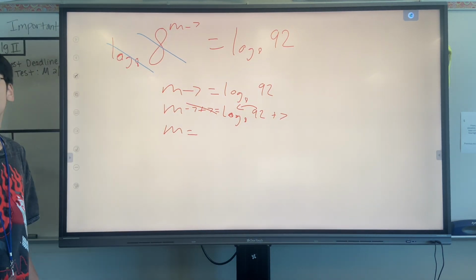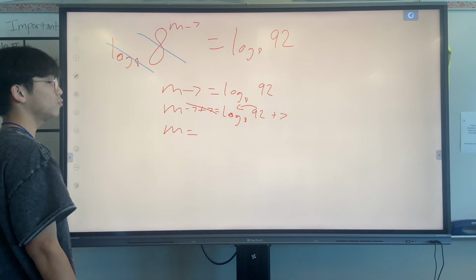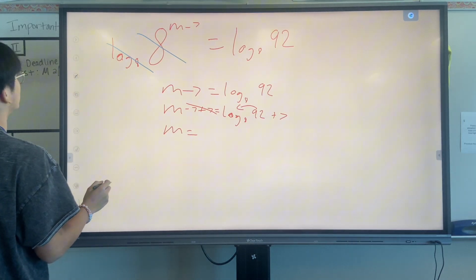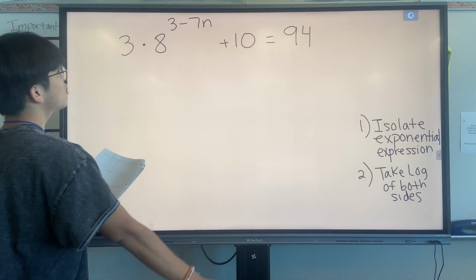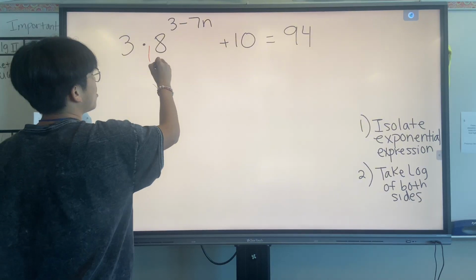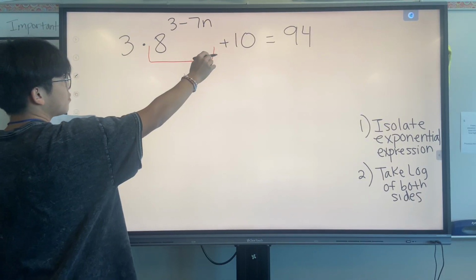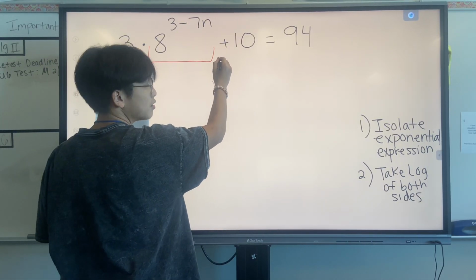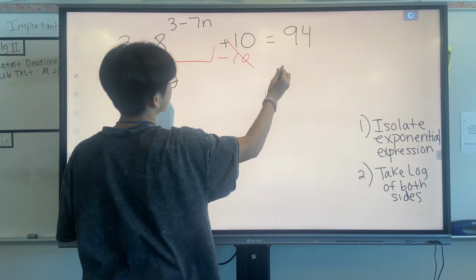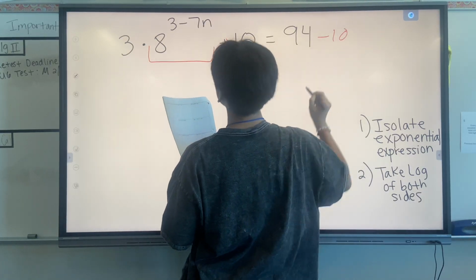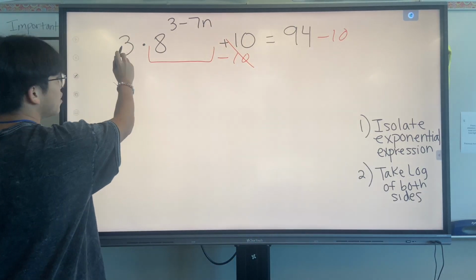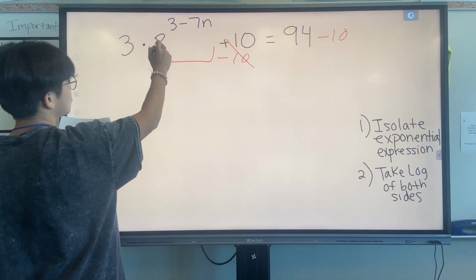All right. Thank you. Okay. So for this one, you need to try to get this part by itself first. So to do that, you need to subtract 10 on both sides. This will cancel out. And then you still have the 3 times this part.